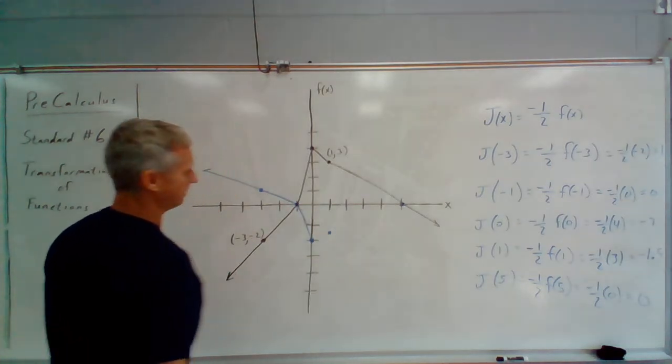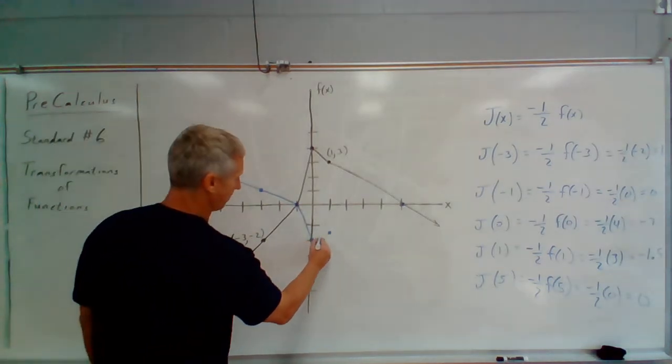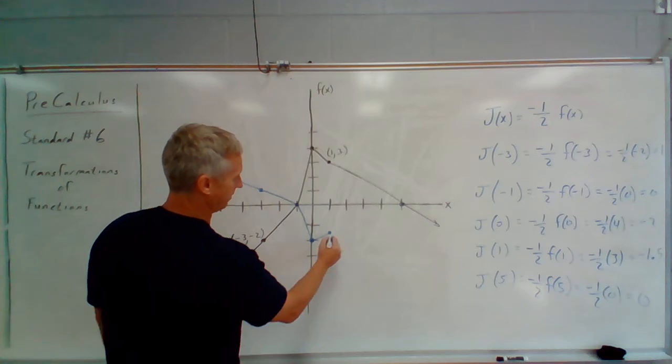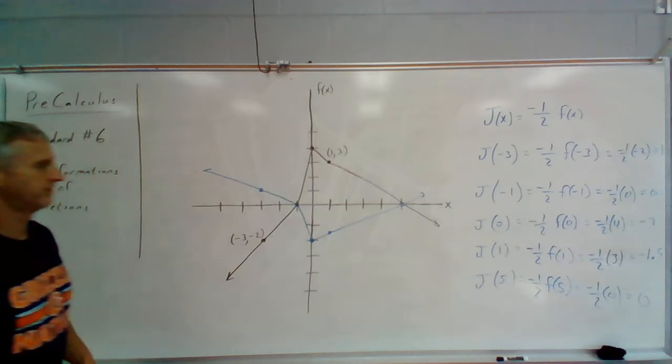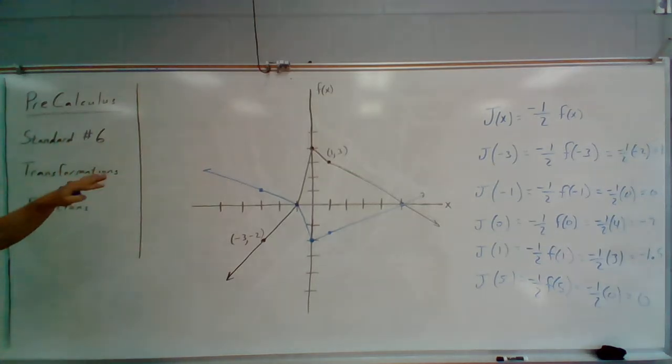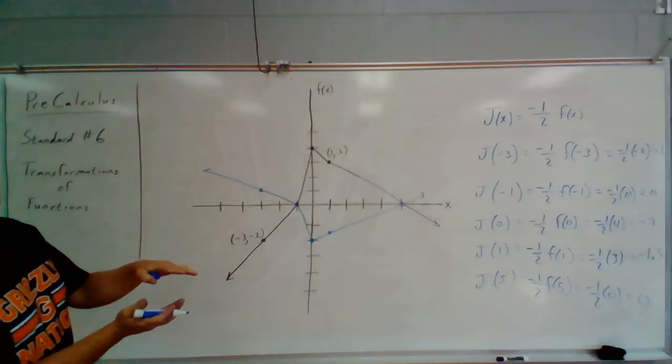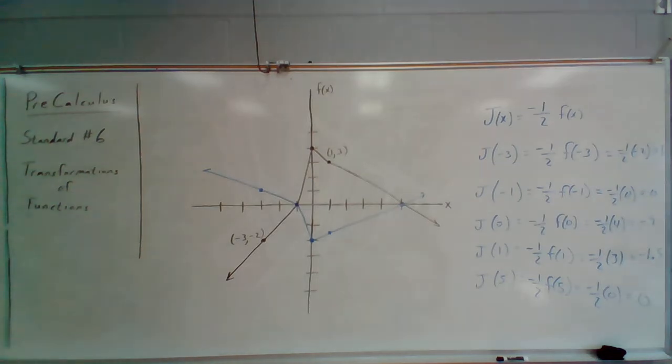Go here, here. So notice that the original black graph was flipped across the x-axis, and it got sort of flattened out because of the multiplication by the factor of 1/2.